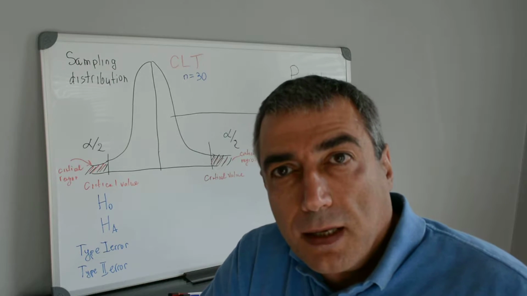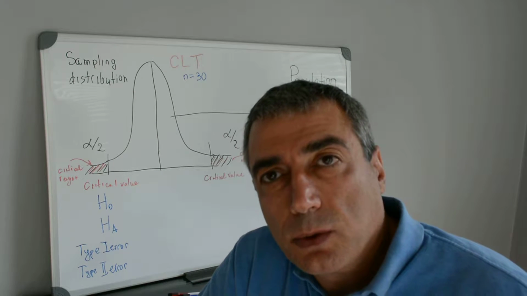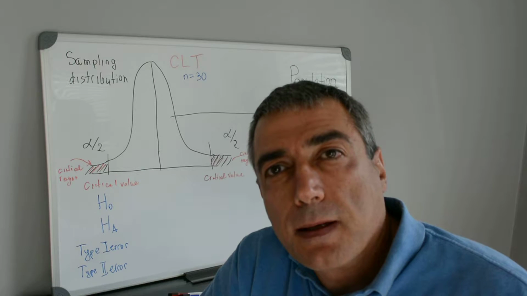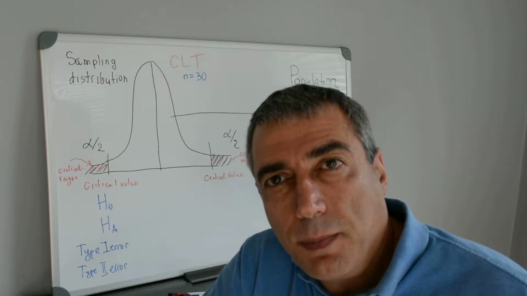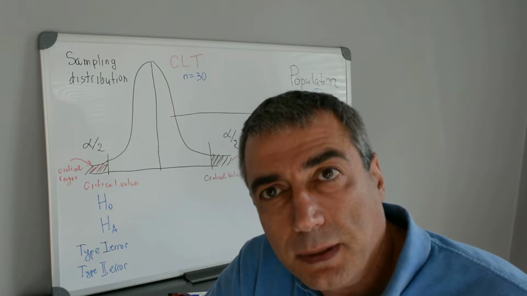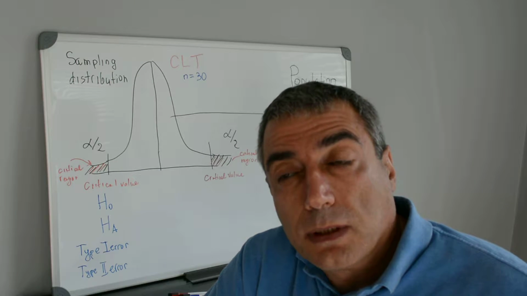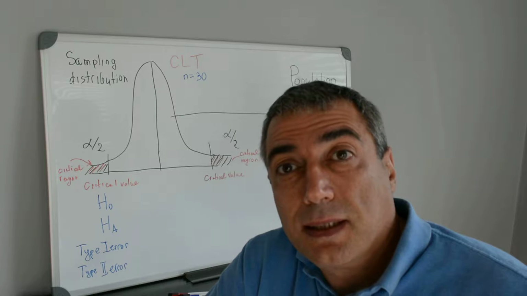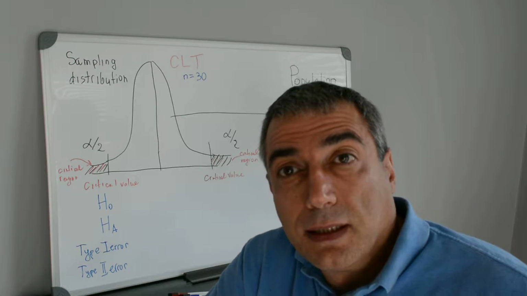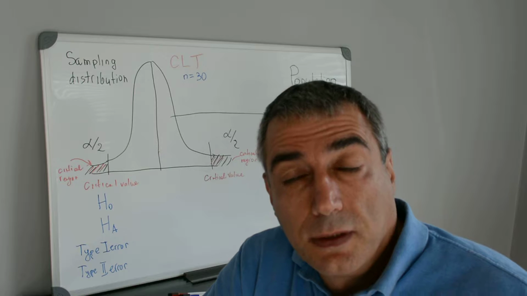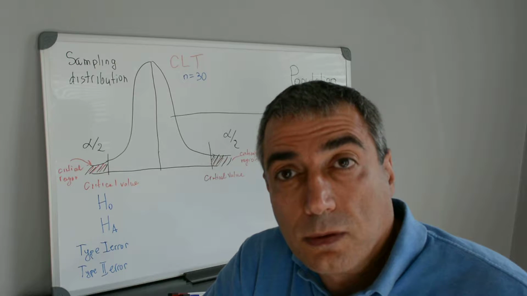Hi. What else do we need to know for successful hypothesis testing? As we mentioned earlier, the central limit theorem will allow us to successfully conduct a z-test or t-test regardless of whether the underlying population is normal or not.